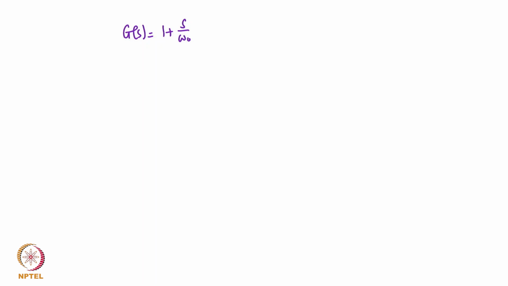This is the expression if you have a single zero, and the zero is at s equal to minus omega 0. So therefore you can similarly plot the magnitude plot as well as the angle plot. And how will it look? It will look like this.